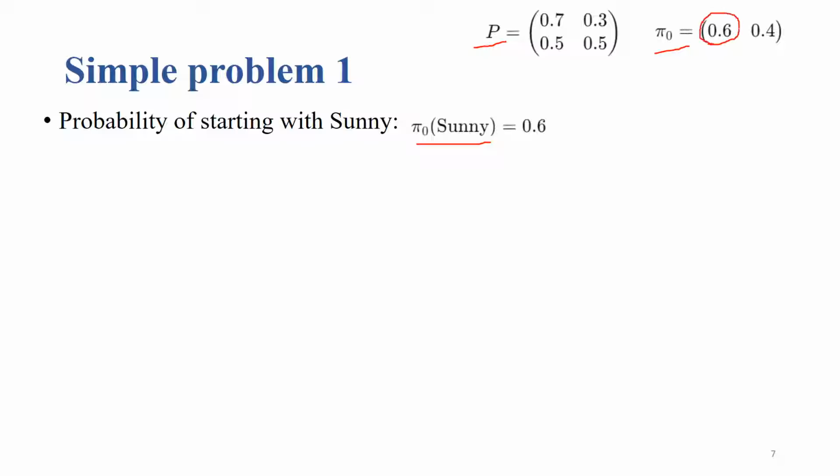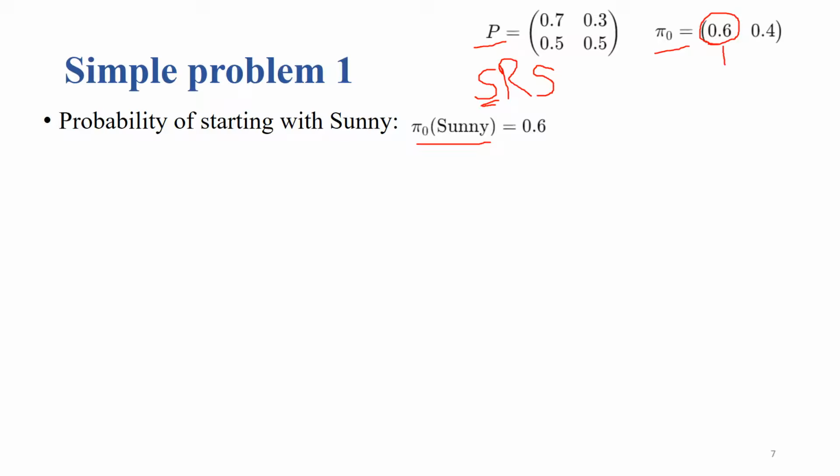It's the initial state probability. Actually, we need to find out the probability for the sequence sunny, rainy and sunny, which means we are starting with sunny and transitioning to rainy, and from rainy transitioning to sunny. The first thing is known. The initial state distribution of sunny is known.